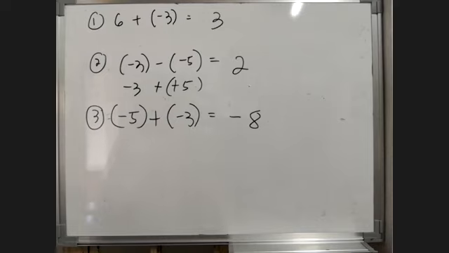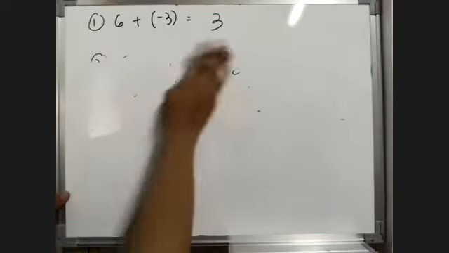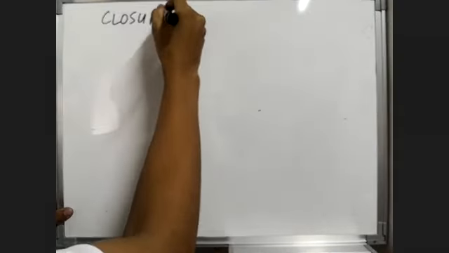Okay, discuss ko lang tong different properties ng mabilis na mabilis. So, we have different properties of integers. First, property number 1, closure property.